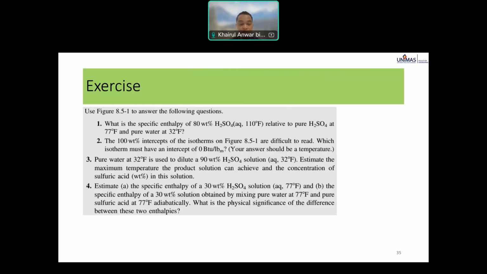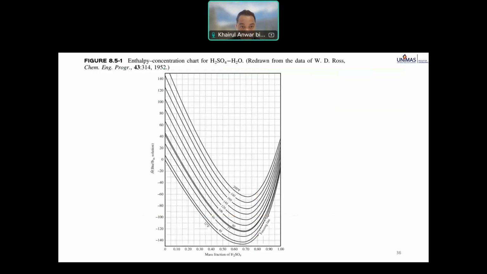So first question, 0.8 at 110. So 110 is here. Then we have relative to pure H2SO4 at 77 degrees Fahrenheit. 77 is here. And pure water at 32 degrees Fahrenheit.